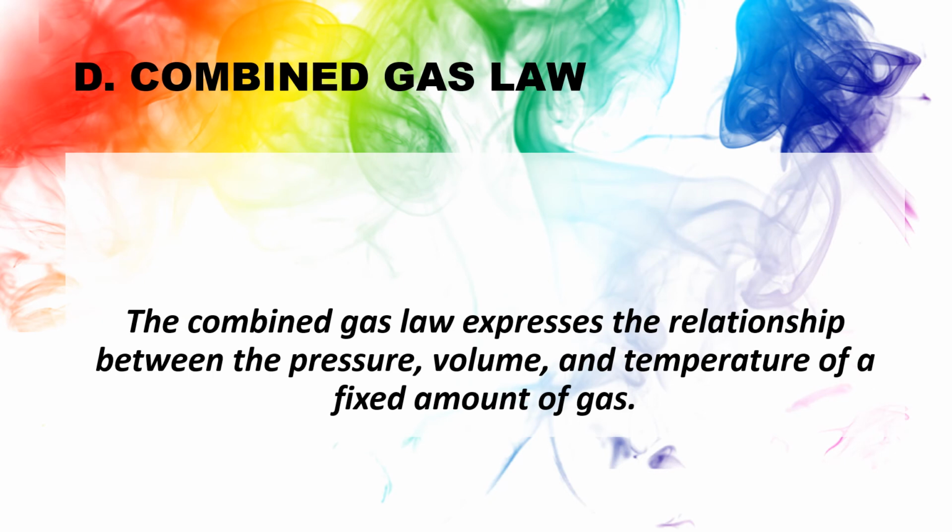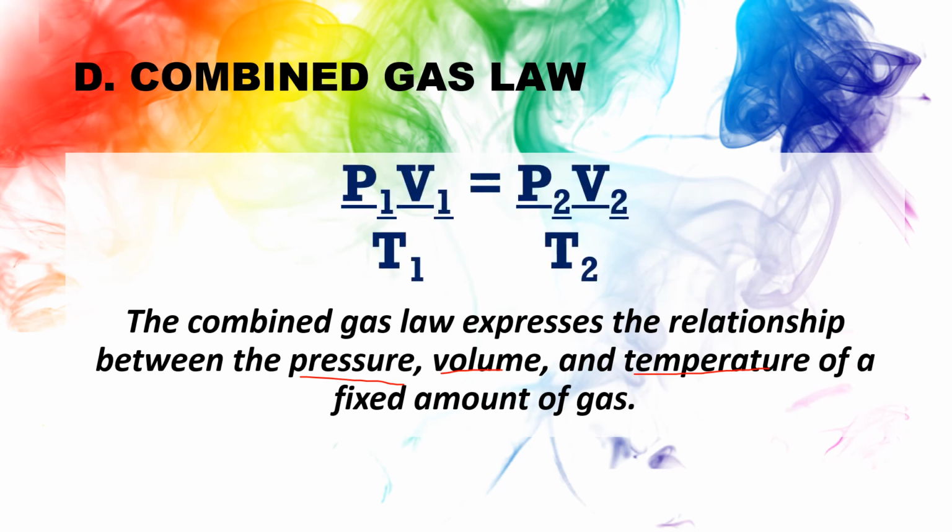So it expresses, therefore, the relationship of pressure, volume, and temperature of a fixed amount of gas. So for combined gas law, only the amount of gas is held constant. So if that is the case, putting all together the gas laws, we have here P1V1 over T1 is equal to P2V2 over T2 as the general formula for this gas law.